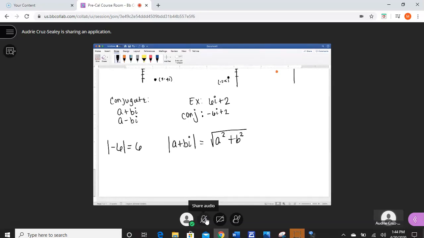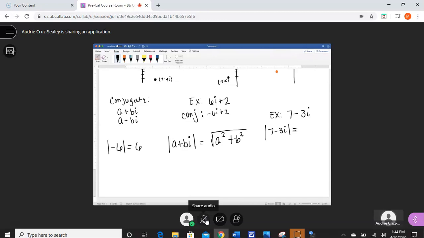So for example, let's say I had 7 minus 3i. This is one imaginary number. And I told you I wanted you to find the absolute value of it. So what is the absolute value of 7 minus 3i?